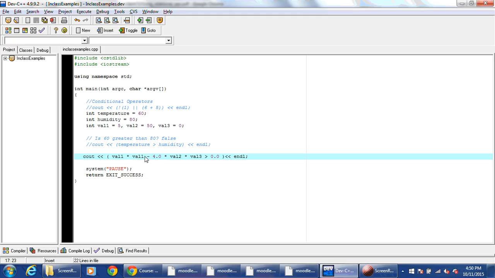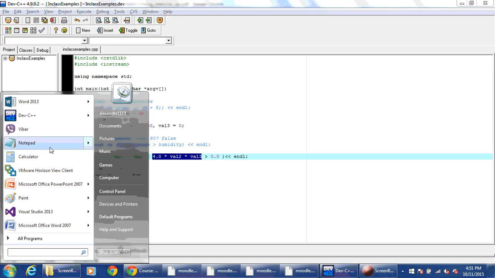But remember, who goes first? Multiplication. So you would do these first, then these, and then the result of both of these, you subtract them, which will give you now part of a number to compare against 0.0.